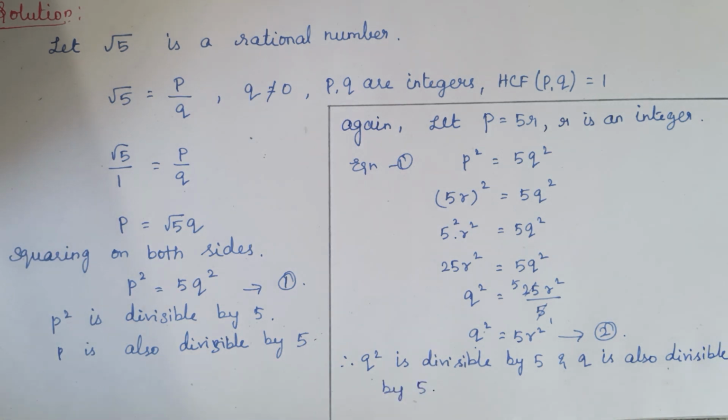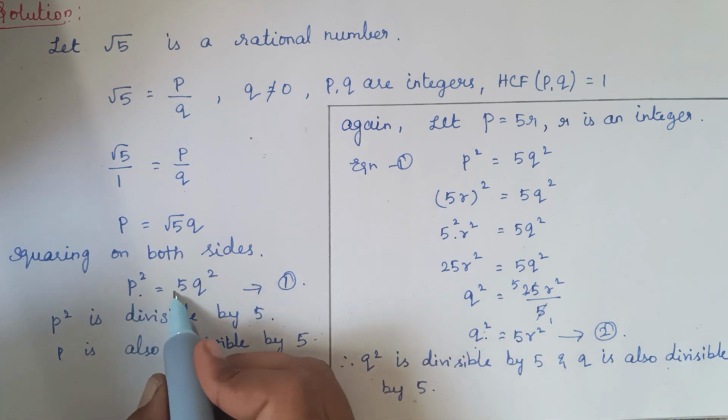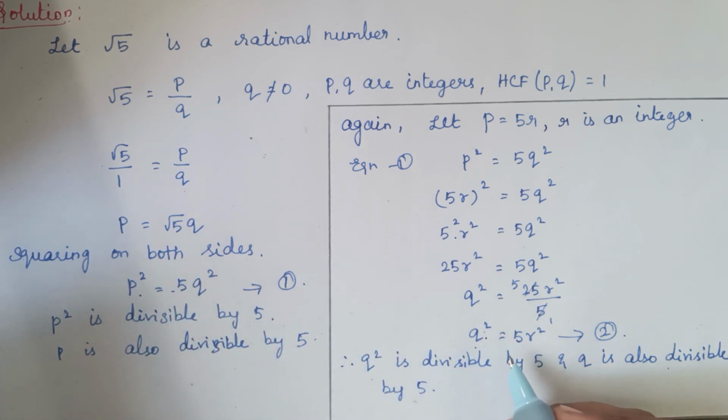So from equation 1 and 2, that implies p and q have 5 as a common factor. P and q both have 5 as a common factor.